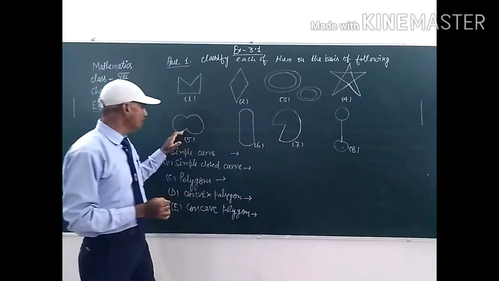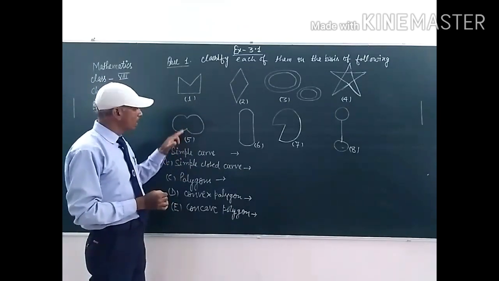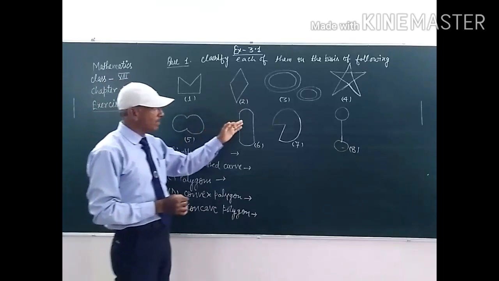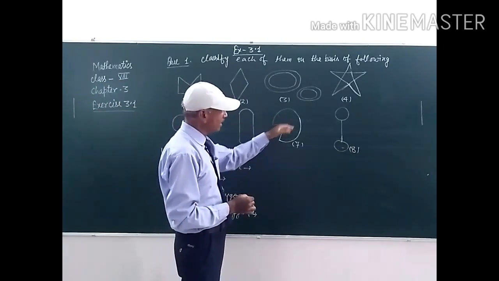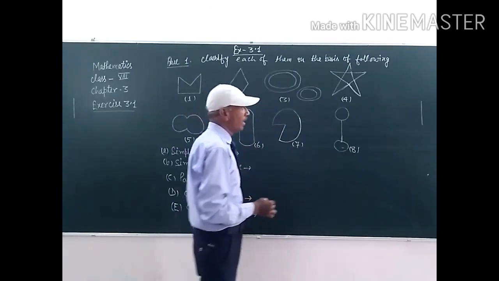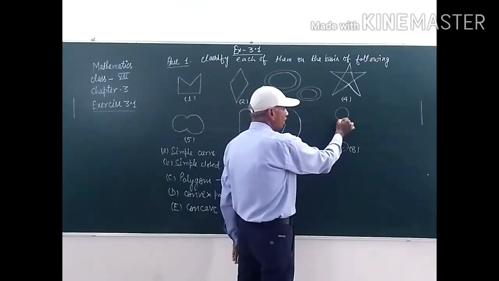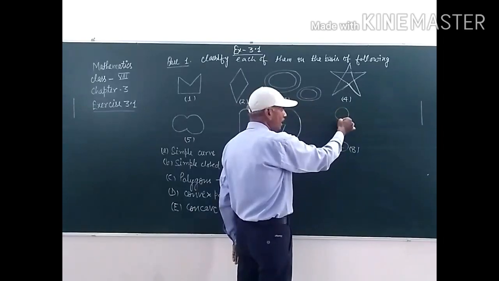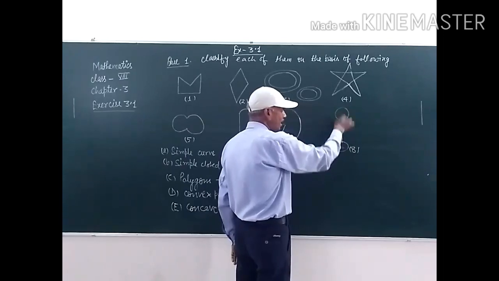And in figure number 5, it is also a simple curve. And this one is also a simple curve. This figure is also a simple curve. And this figure, students, when we draw it, many points at this point and this point repeat.